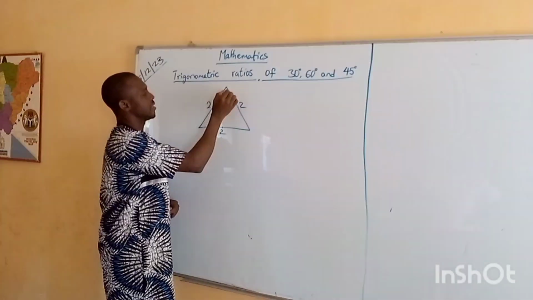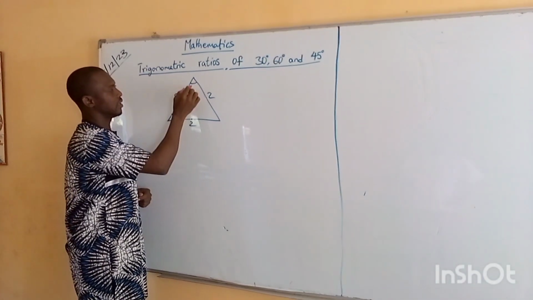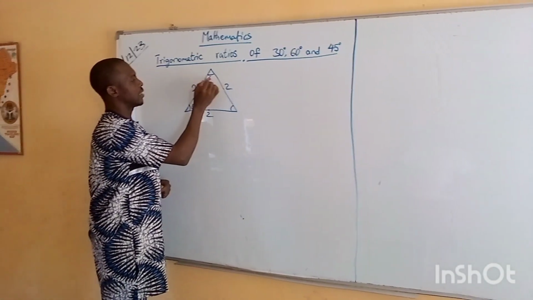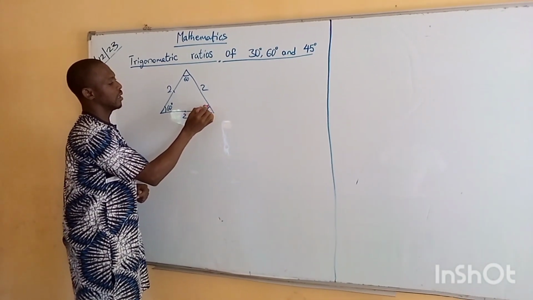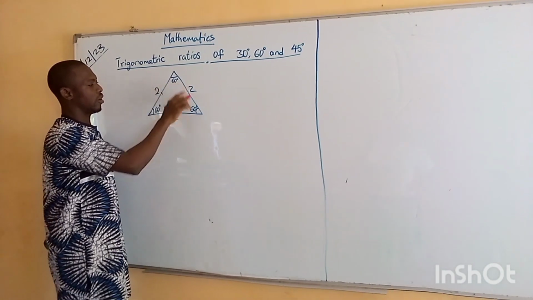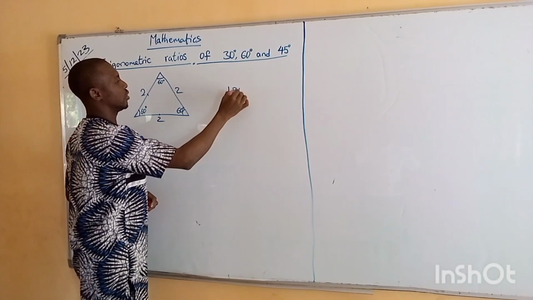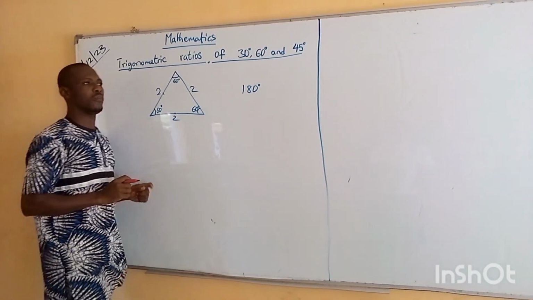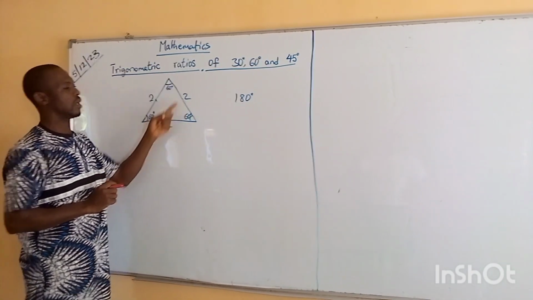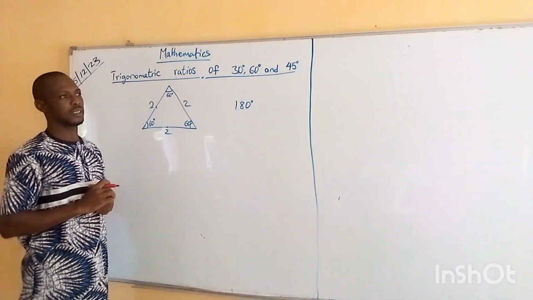So the three angles are 60 degrees each, because the three of them must add up to 180. The total angle of a triangle is 180, so for an equilateral triangle, each angle inside is 60.